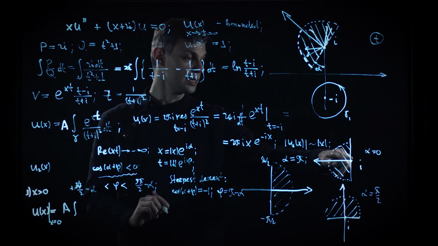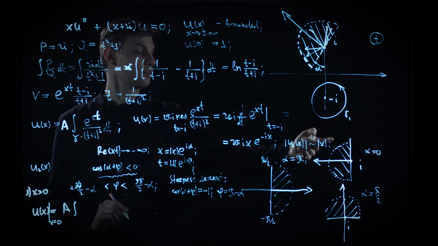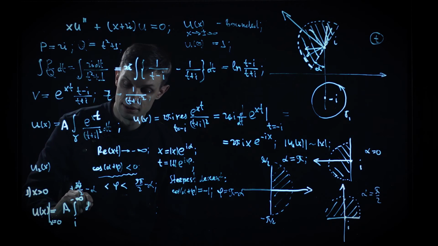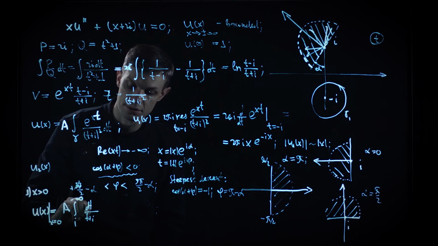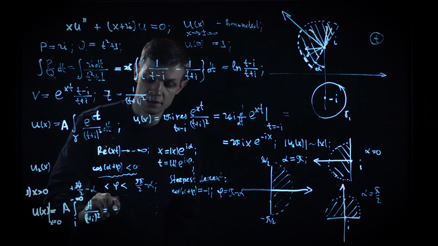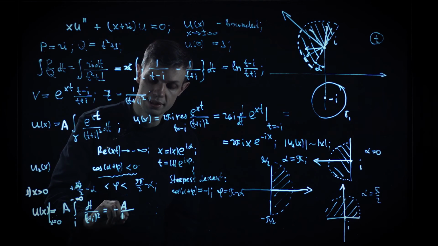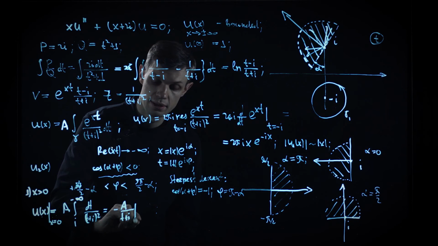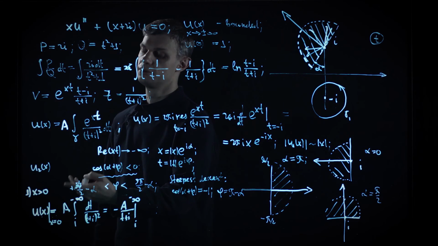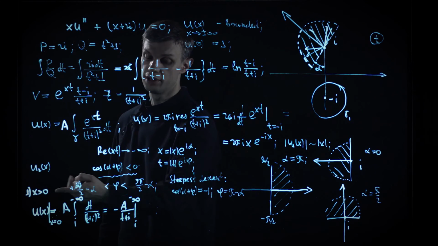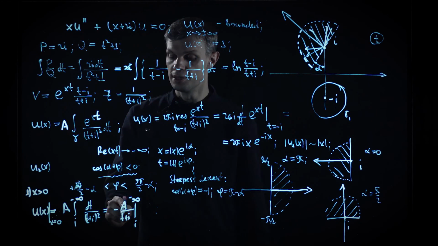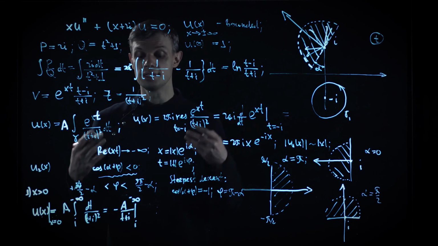Then the integral is a, at x equals 0, from point I to, in this particular case for positive x, infinity, minus infinity, dt over t plus I squared. It's an elementary integral with very simple antiderivative, which is minus 1 over t plus I. And now we understand why our normalization constant doesn't depend on the value of x, because this function, 1 over t plus I, at plus or minus infinity behaves identically.